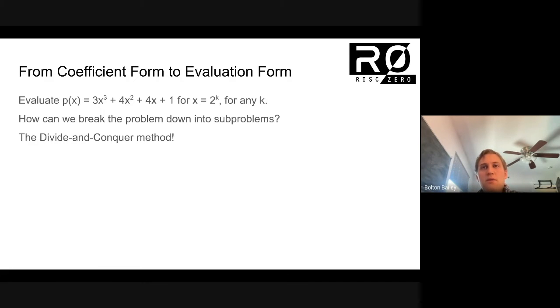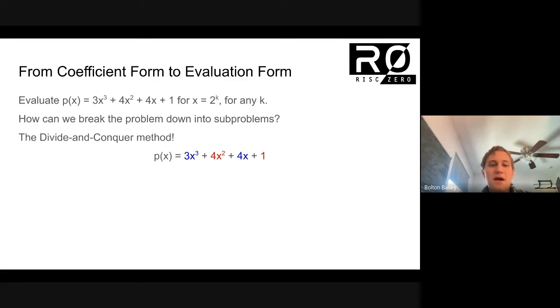One way that might occur to you is that maybe we can take the coefficients from P, 3, 4, 4, and 1, and make new, smaller polynomials out of those coefficients. That turns out to be the critical trick. What I'm going to show you is how to split this polynomial up into basically the even polynomial and the odd polynomial.